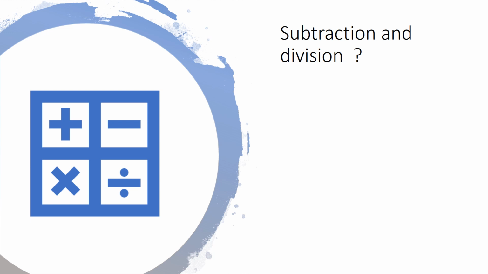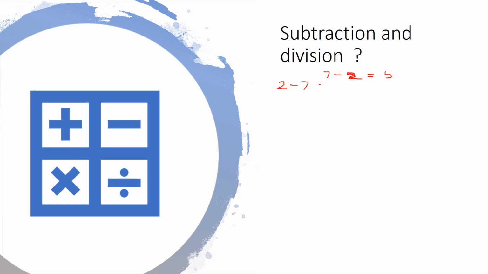Now, what about subtraction and division? When we take subtraction, let me take the example of 7 minus 2. You have 7 toffees and you are giving away 2 toffees to your brother.